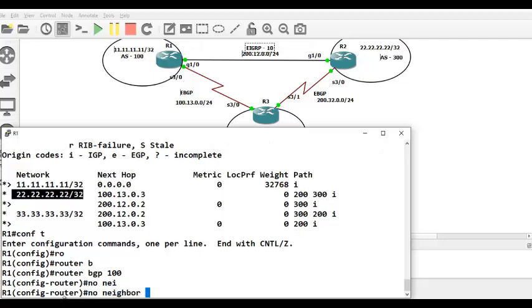Yeah, it can be even OSPF. It can be even RIP. I'll change to OSPF after I finish EIGRP and show you.